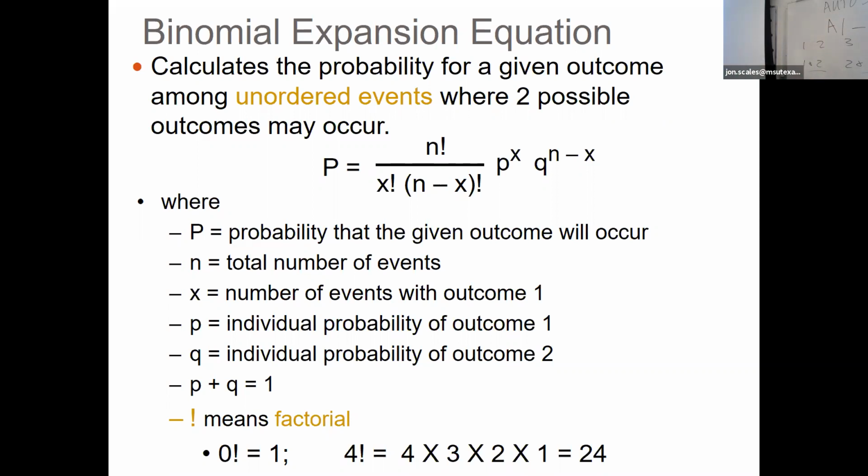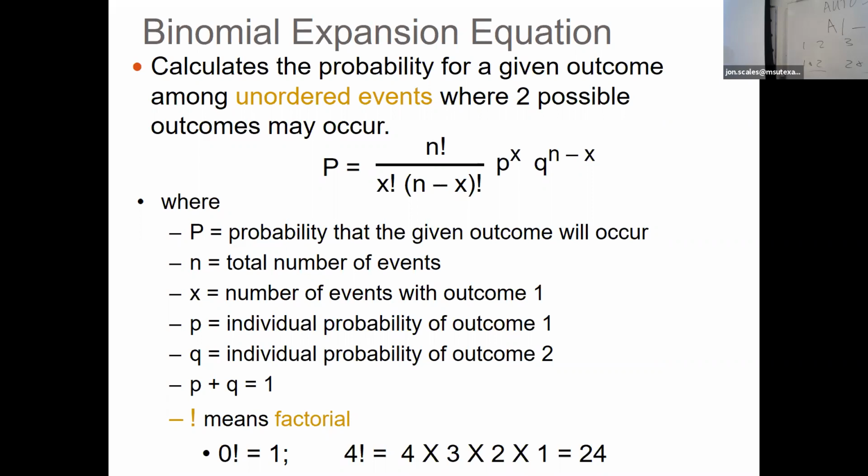How many ways are there to get 2 things out of 4? 1, 2, 1, 3, 1, 4, 2, 3, 2, 4, 3, 4. 6 ones, right? I'll do them all.